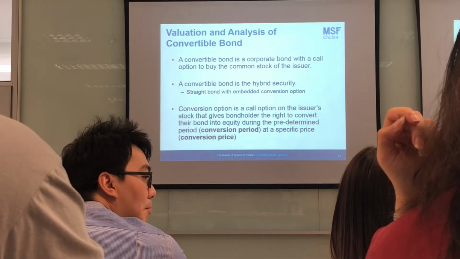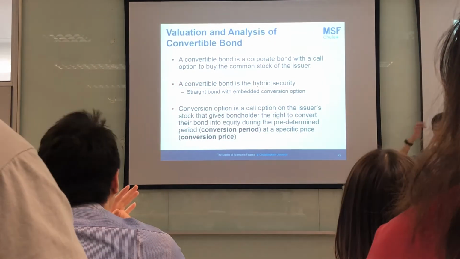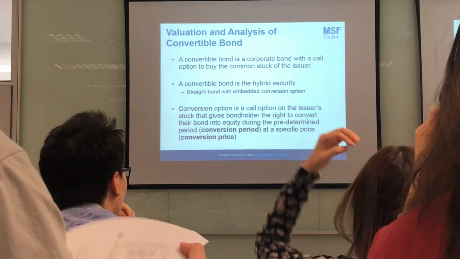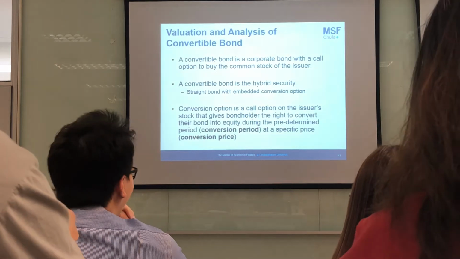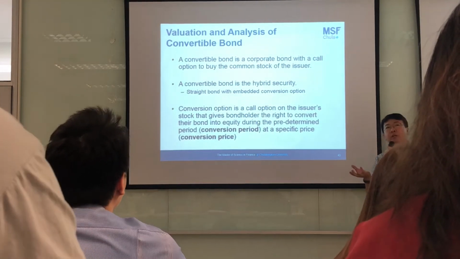Okay, the last one, convertible bond. You remember convertible bond from the first lecture. Convertible bond is the bond that provides the right for the bondholder to convert from being a bondholder to being the equity holder, right?